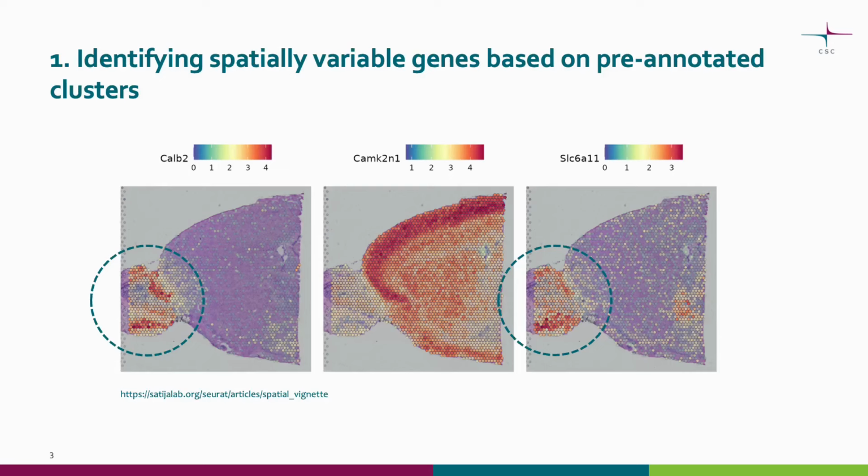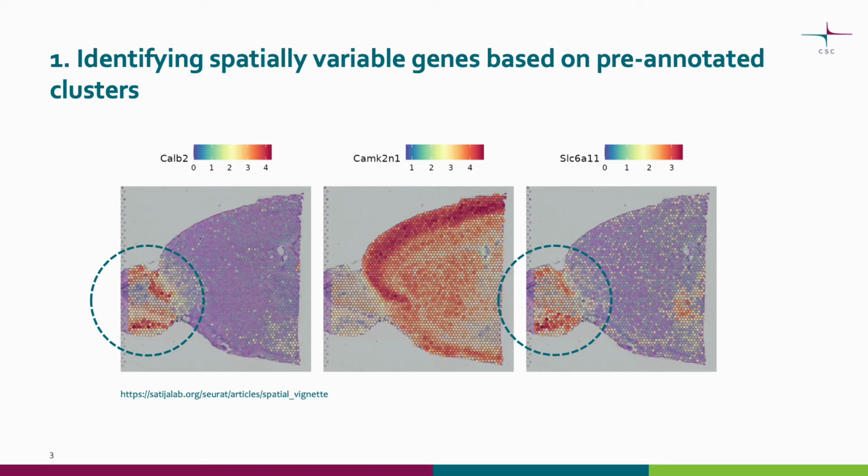When we are trying to identify spatially variable genes, we are trying to find genes whose expression correlates with a spatial location in the tissue. The first approach to identify spatially variable genes is to use pre-annotated clusters of anatomical regions to compute differentially expressed genes.